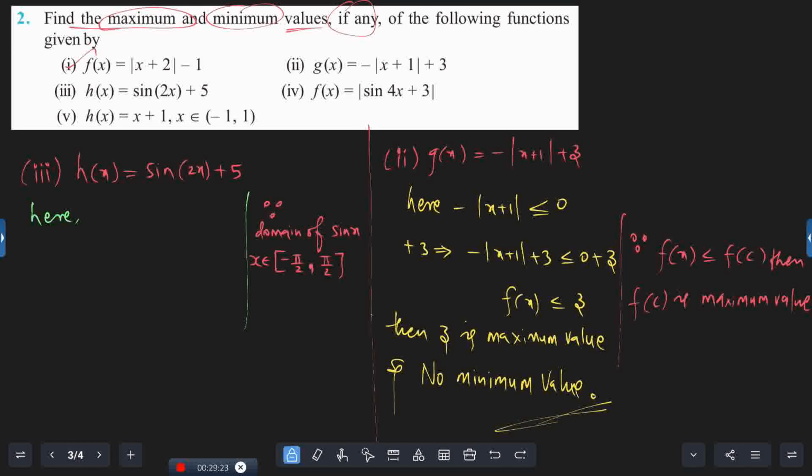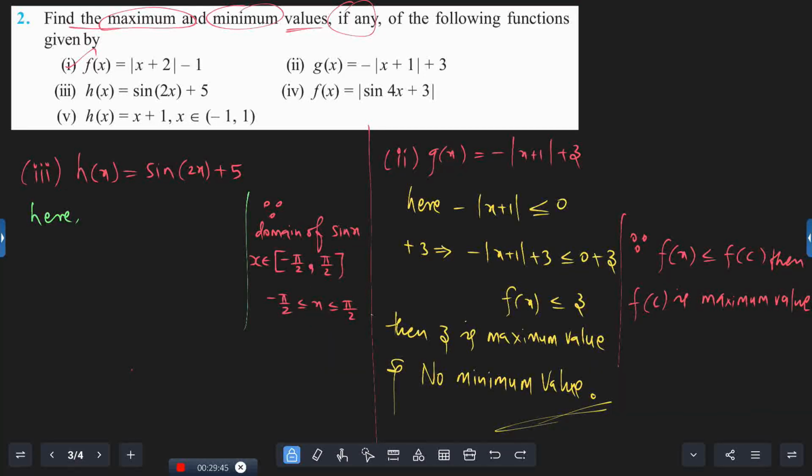For sin 2x, now what will happen? This is x. So, listen, minus pi by 2 less than or equal to x less than or equal to plus pi by 2 is the meaning for sin x. For sin 2x, 2 will be multiplying here. We understand what I am telling?